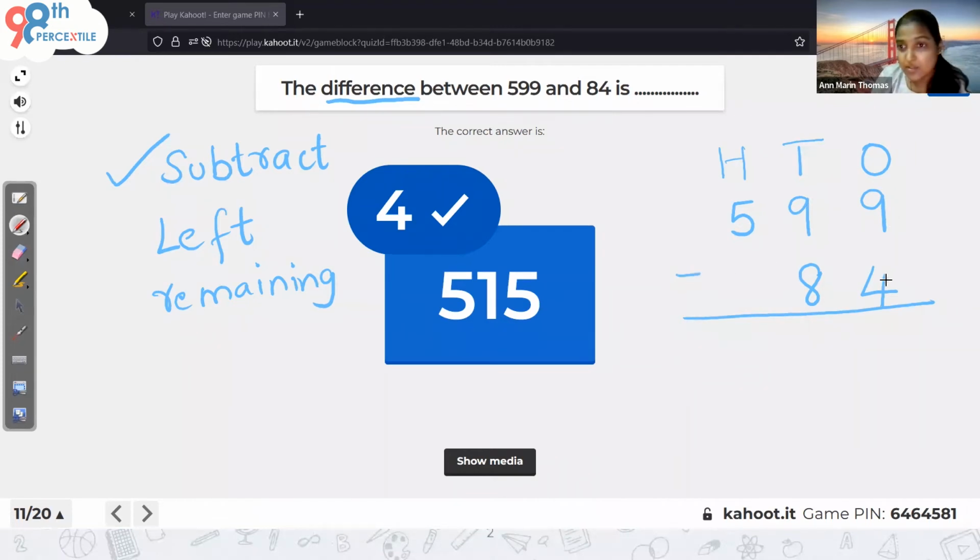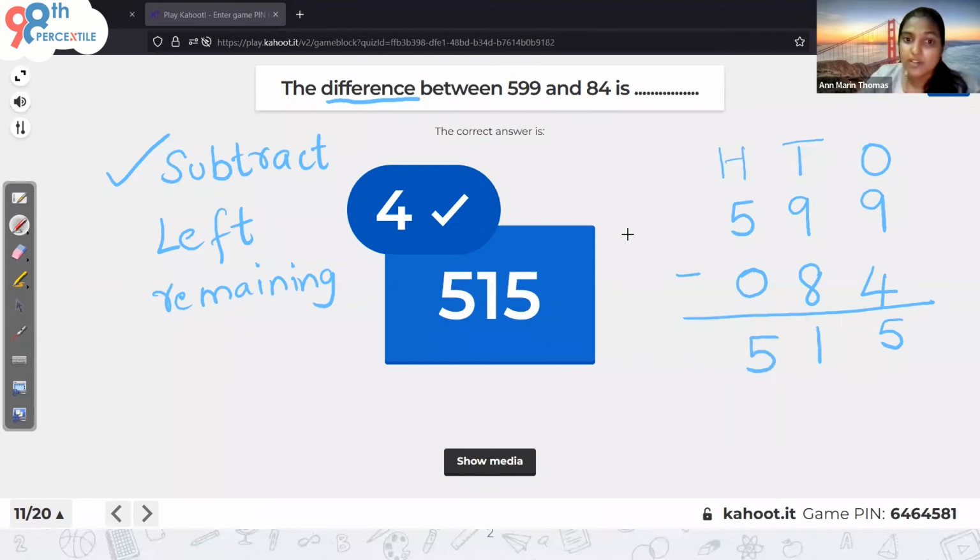Yes. 9 minus 4. After 4, I have 5, 6, 7, 8, 9. So 9 minus 4 is 5. So quickly, let's write down the number 5 here. 9 minus 8. After 8, 9. So it is 1. And then let's place a 0 here. 5 minus 0 is 5.